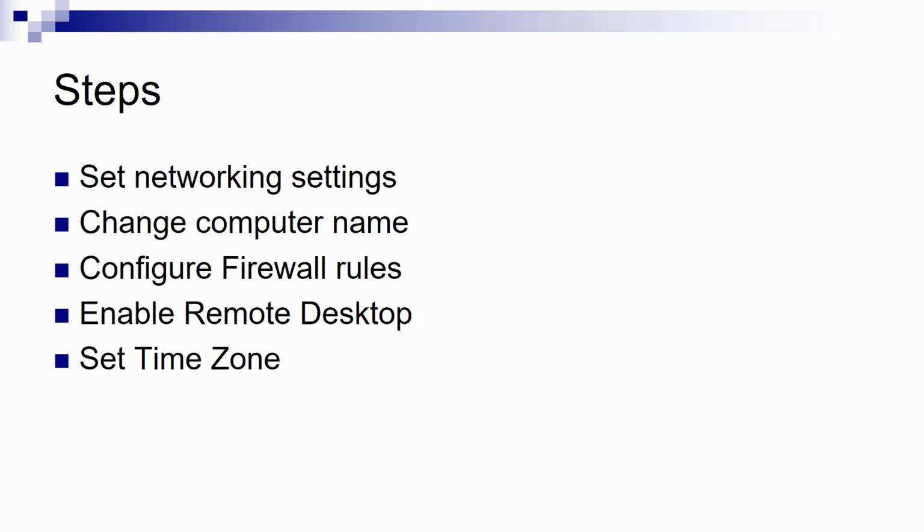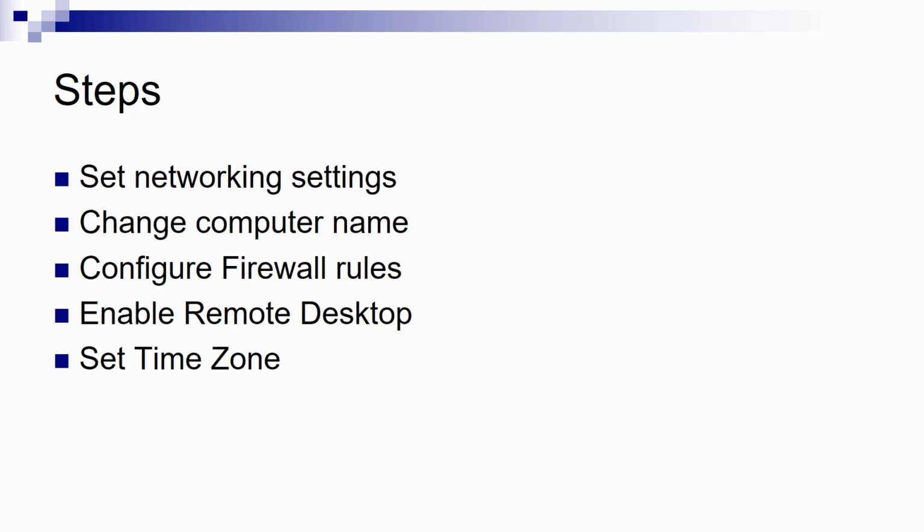Then I will configure some firewall rules. Actually just two of them. One is for ping, because the firewall rule for ping is disabled by default, and the other one is for file sharing, in case you want to access administrative shares on that machine. Then we enable the remote desktop, because it's Windows, of course.